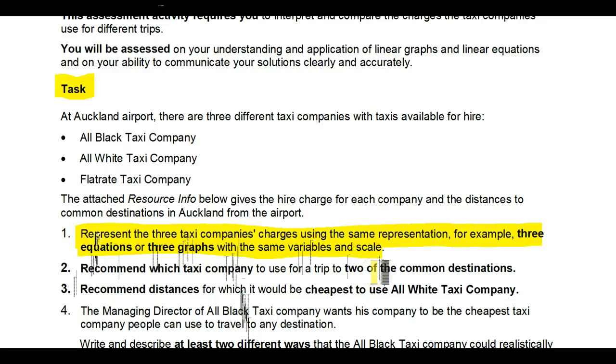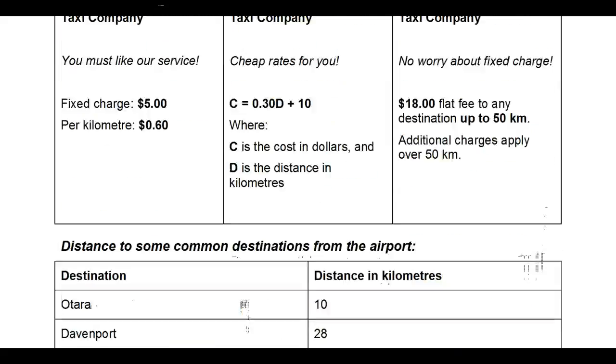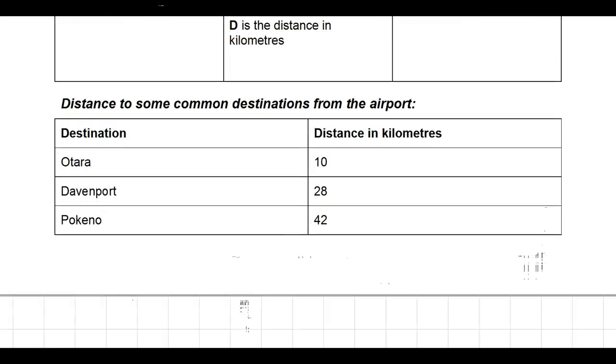The second, and here it is, number 2, is to be able to recommend which taxi company to use for a trip to 2 of the common destinations. Now, in your earlier reading, you would have noted that in the resource section at the bottom there is a table of distances to some common destinations.